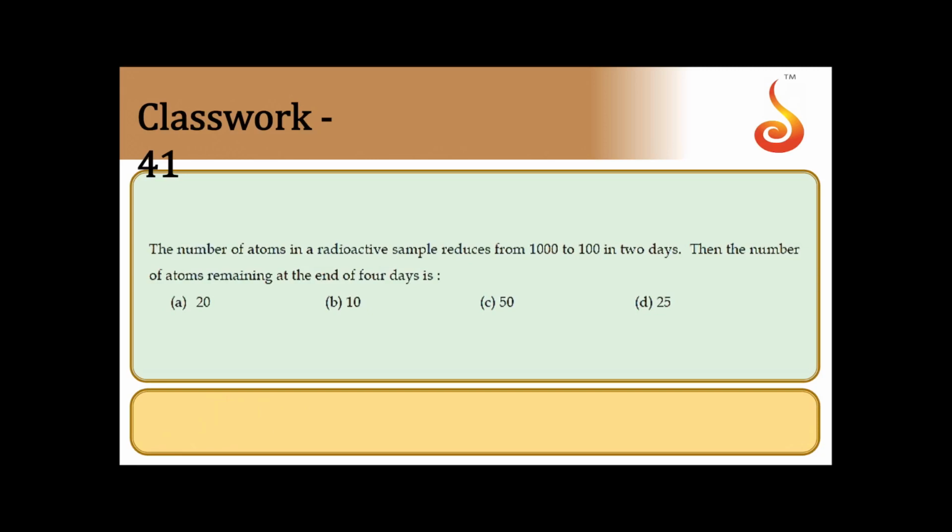Okay, we shall move on to the next one. Number of atoms in a radioactive sample reduces from 1000 to 100 in 2 days. Then the number of atoms remaining at the end of 4 days is? This is also based on the same logic. 1000 to 100 means it became 1/10 in 2 days.